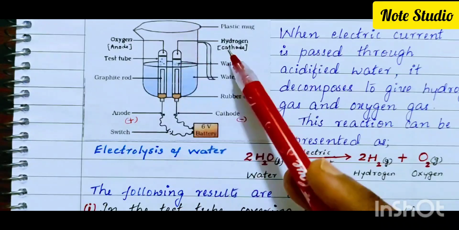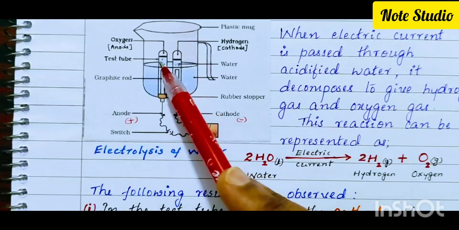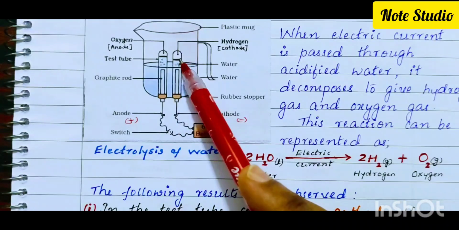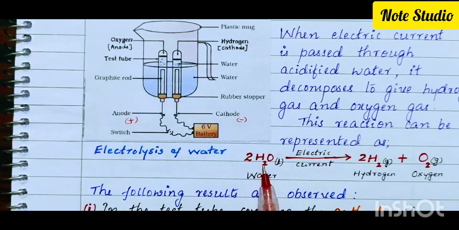And on the cathode side, the amount of gas collected is more, double that of the anode side. More gas is collected because that is hydrogen gas. When we write the formula of water, two atoms of hydrogen are present in one molecule of water.